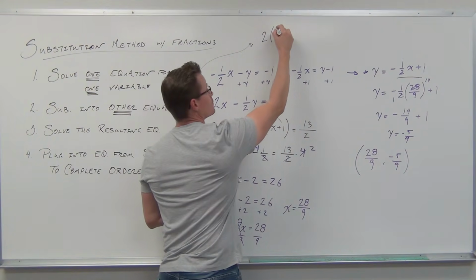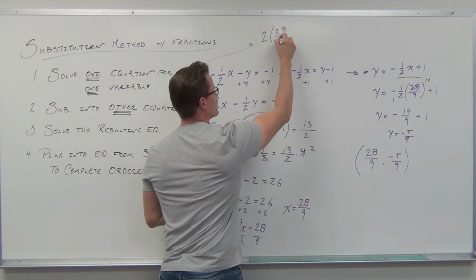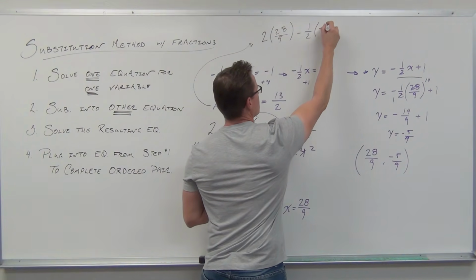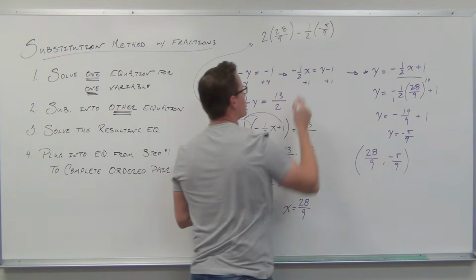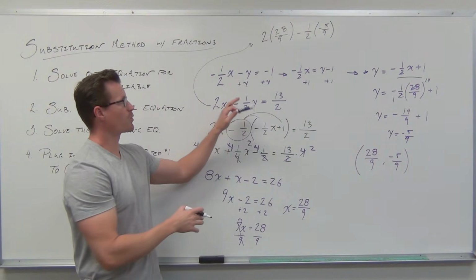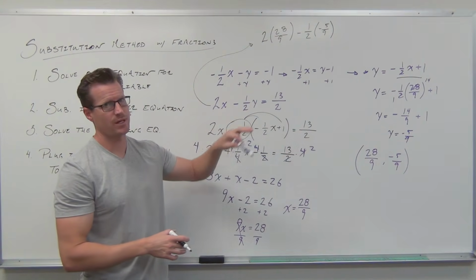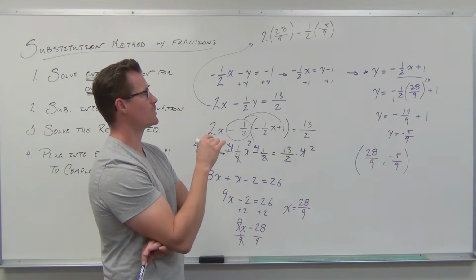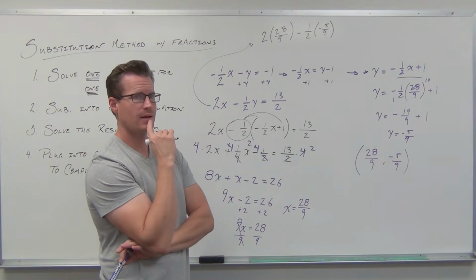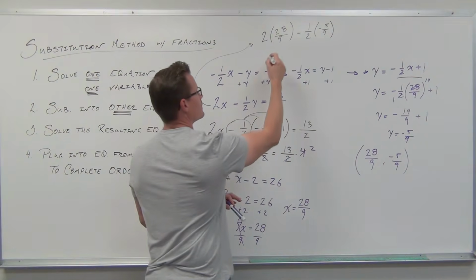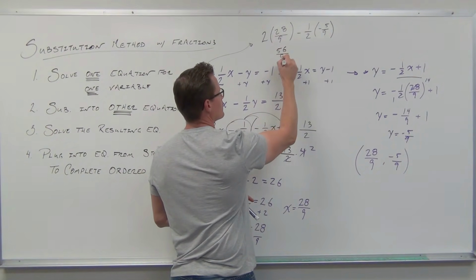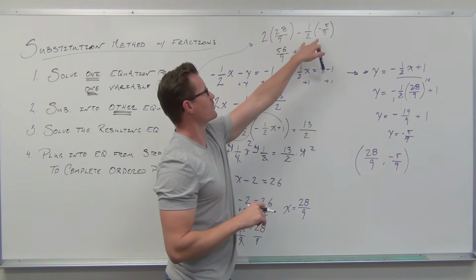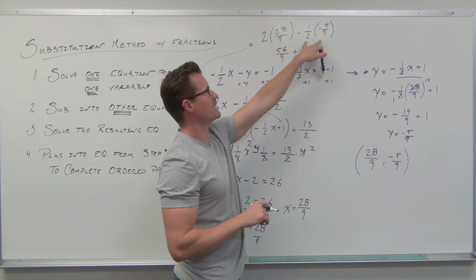So 2 times 28 ninths. I'm going to plug in x 28 ninths, I'm going to plug in y negative 5 ninths, and I hope that we get 13 over 2. So let's try it. Man, so 2 times 28 ninths, 2 times 28, well, that's 56, so 56 ninths, plus over here we have, let's see, negative minus a negative.